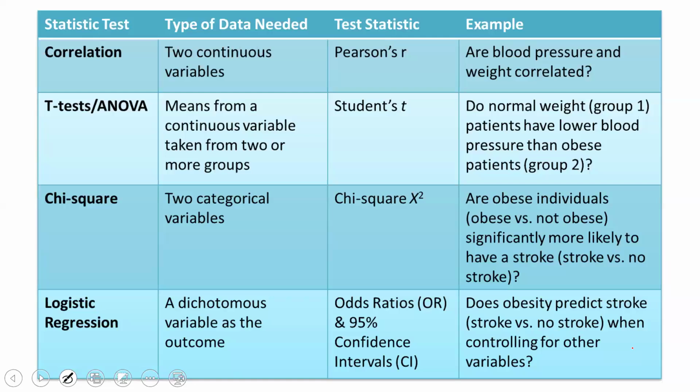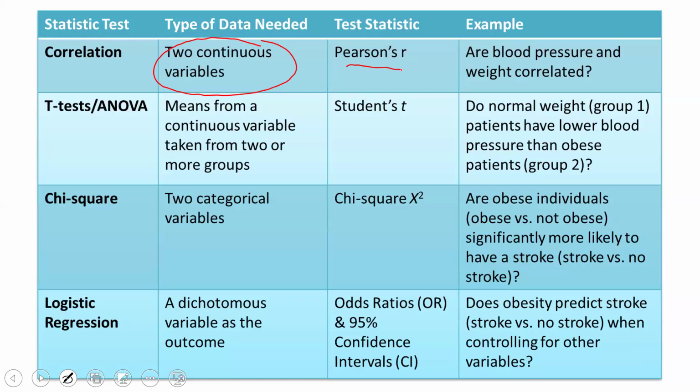This is another example here. Correlation, I said we have 2 continuous variables. Pearson's correlation: is blood pressure and weight correlated? Blood pressure is continuous, weight is continuous. T-test or ANOVA, you are checking the means of a continuous variable taken from 2 or more groups. You use a t-test, you know.